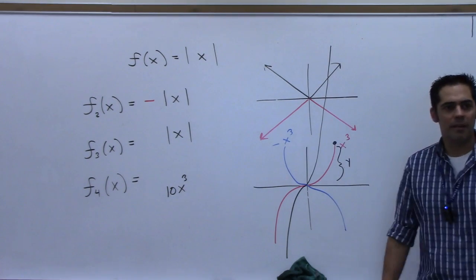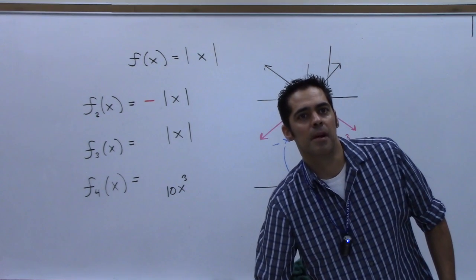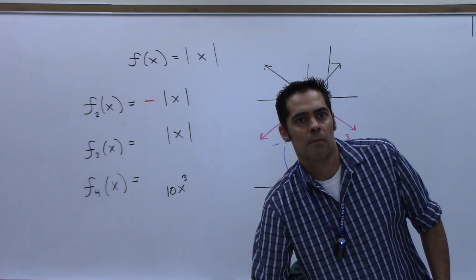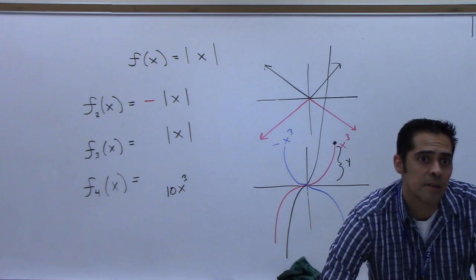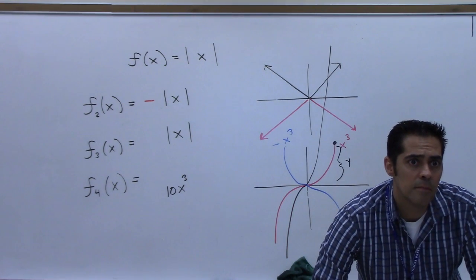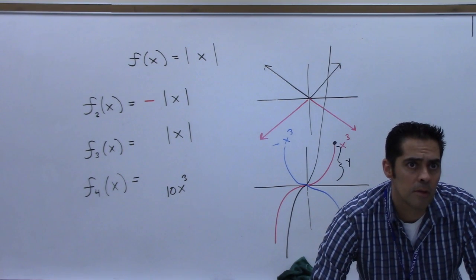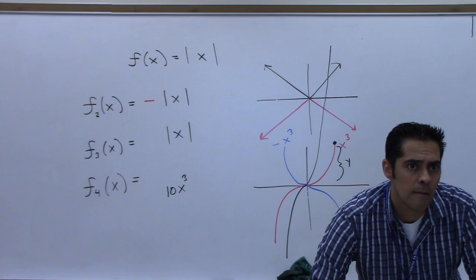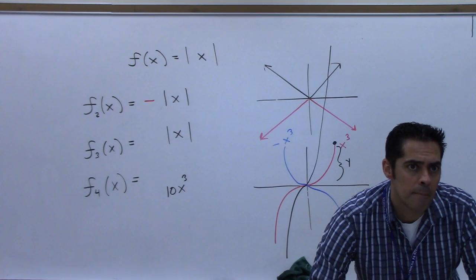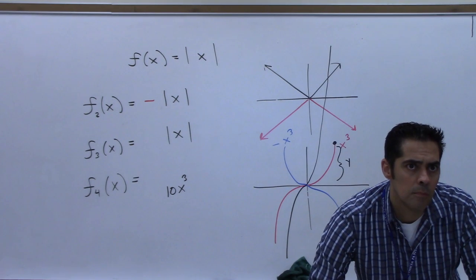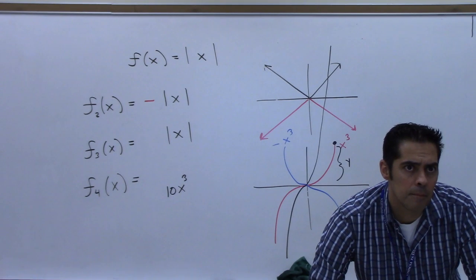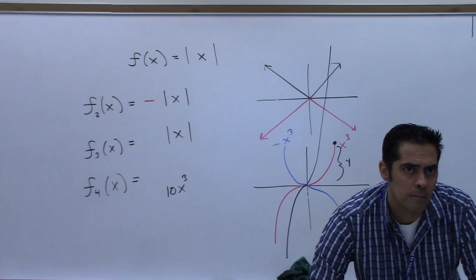Well, I think I have this all here. I can mess with it myself. So you want to see x cubed? There it is. Let me move it around. There we go.